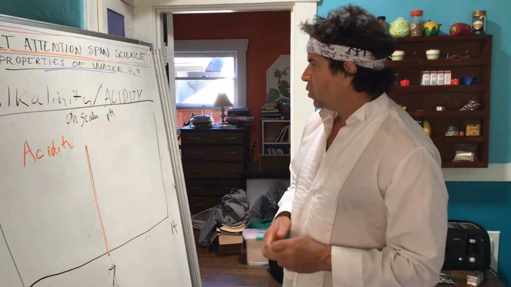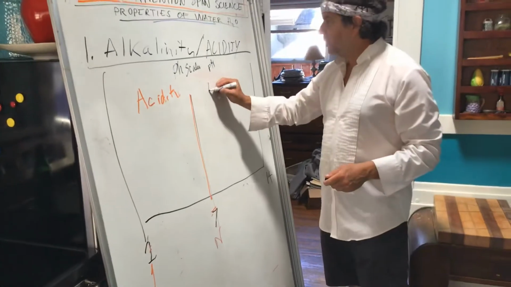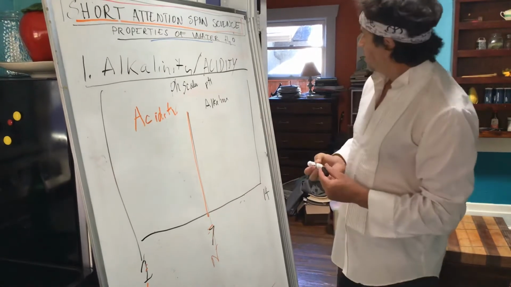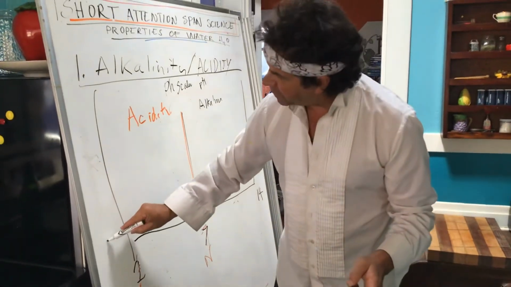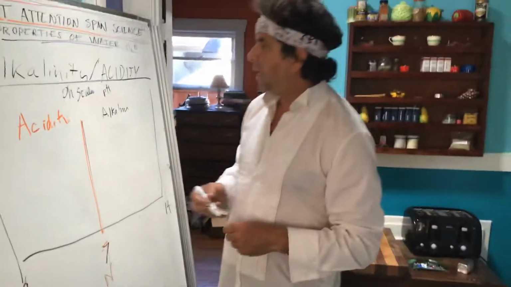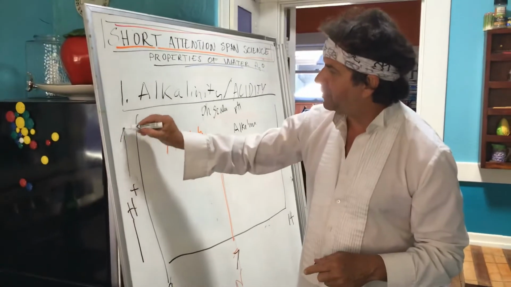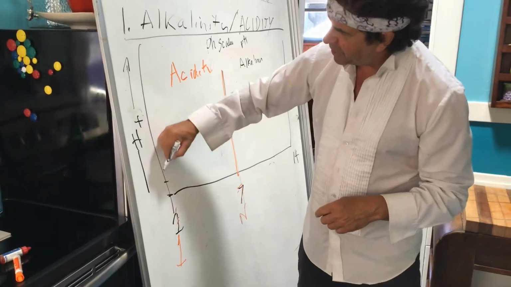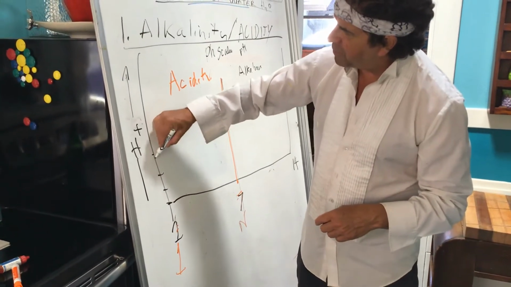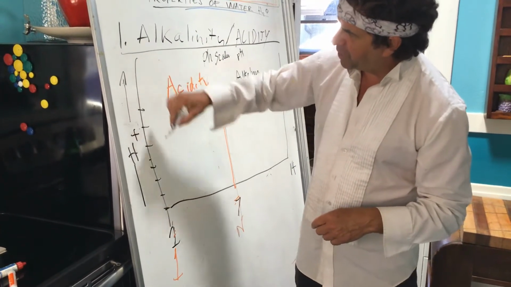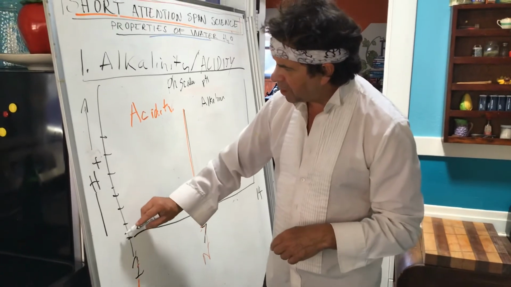Over on this side we have alkalinity. This over here is concentrations of an H ion, a hydrogen ion, and it goes from 1 up to 10, 100, 1,000, 10,000, 100,000, 1 million. This is on a logarithmic scale.